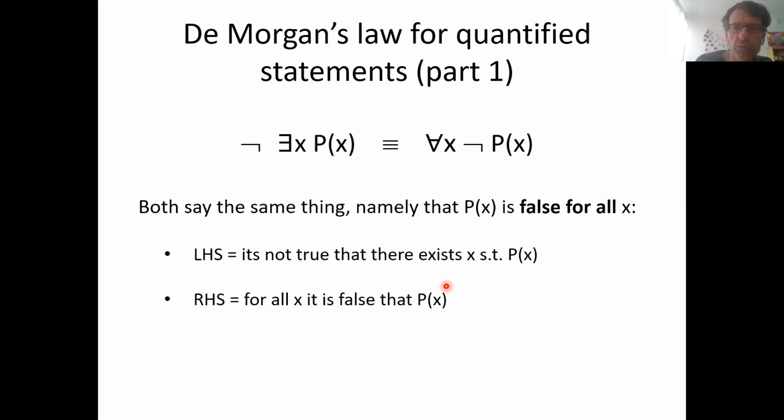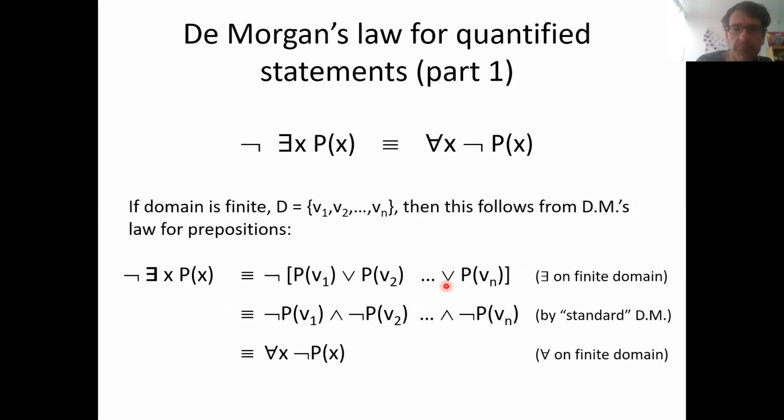Indeed, if you look at a finite domain, the De Morgan law over quantified statements just follows from the standard De Morgan law. If I say that it's not true that there exists an X such that P of X, I can explicitly rewrite this expression as one with a disjunction.